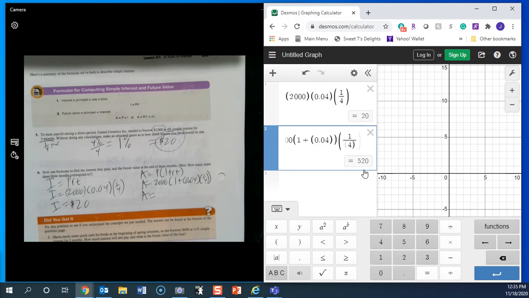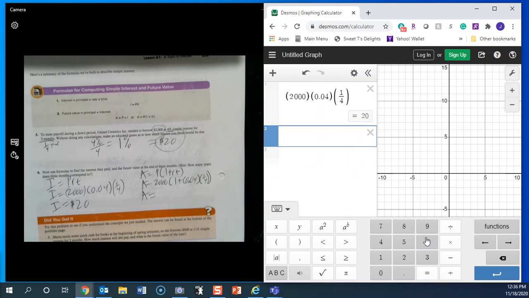Oh, okay, I made a little error here. I must have made a slight error. Let me move this. Oh, okay, I see what I did. I made a mistake and put in 1 extra parenthesis.